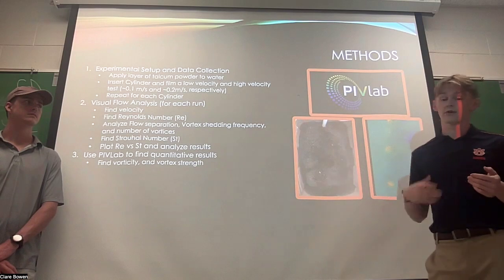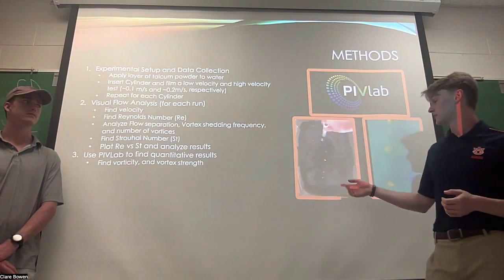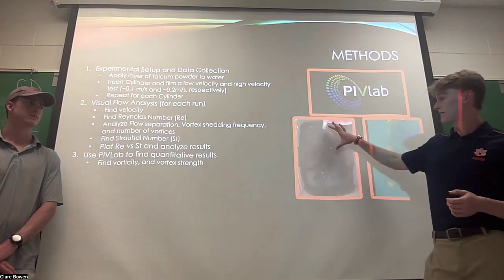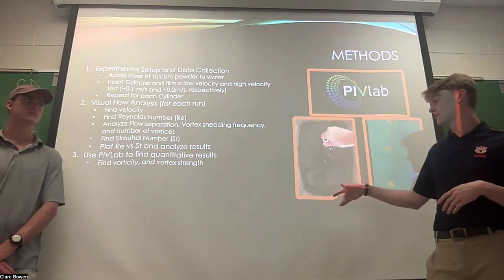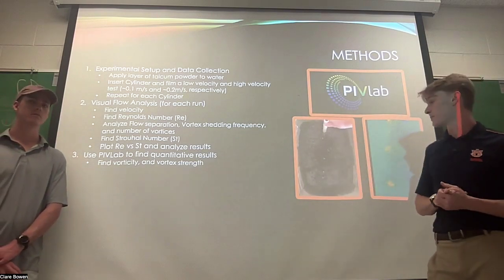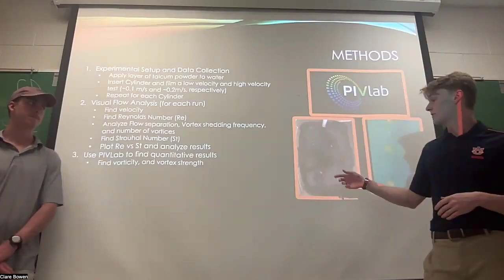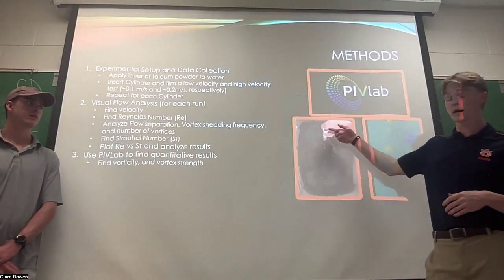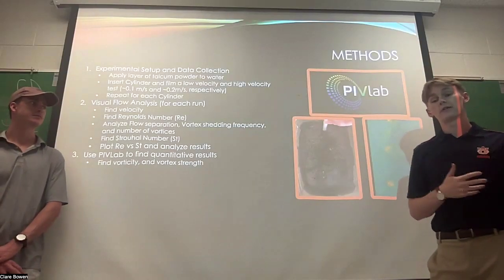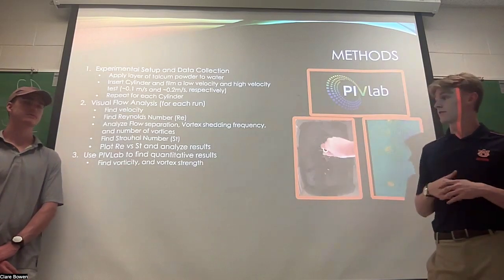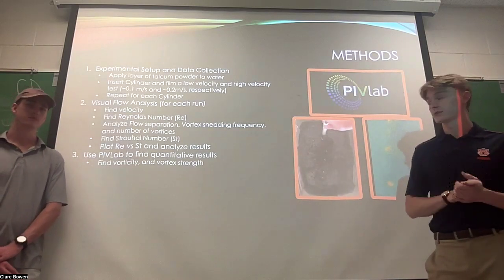First, we found the velocity of each of the cylinders by taking the known distance traveled, about 17 inches across the tub, and averaging how much time it took in the high-speed footage to go from the top to the bottom. We did this about 5 times for each of the cases to get an average velocity.